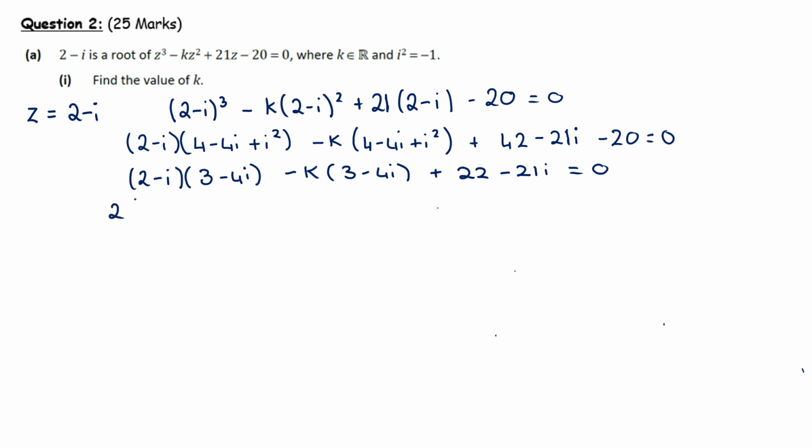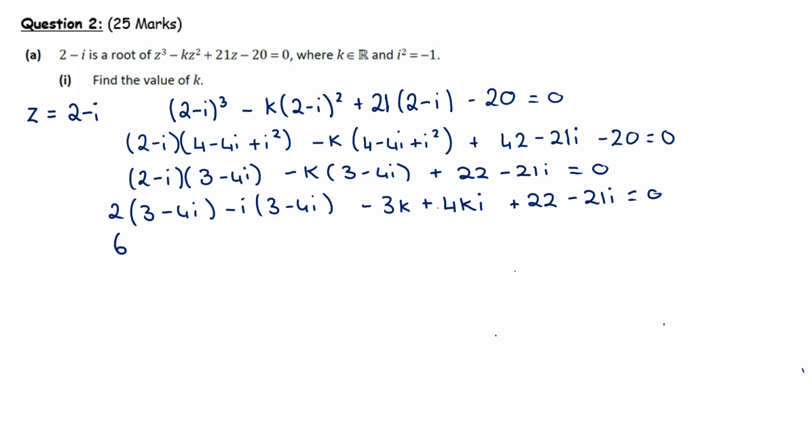Doing a bit of multiplication, I'm going to split my bracket. Minus i, 3 minus 4i, minus 3k plus 4ki, plus 22 minus 21i, and that should equal 0.